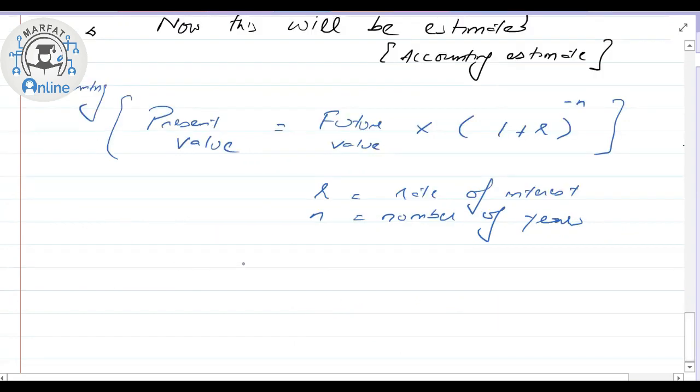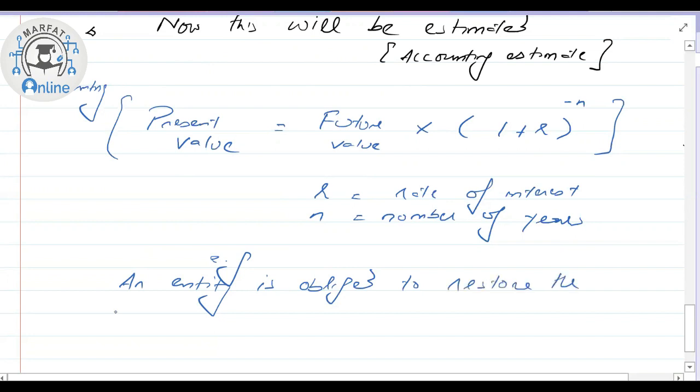So let's take an example. An entity is obliged to restore the site after 5 years.